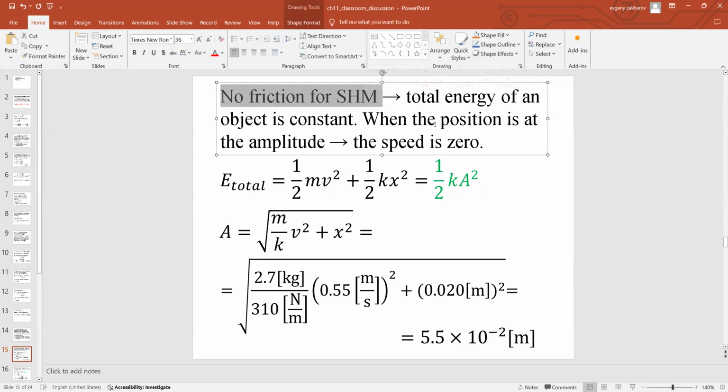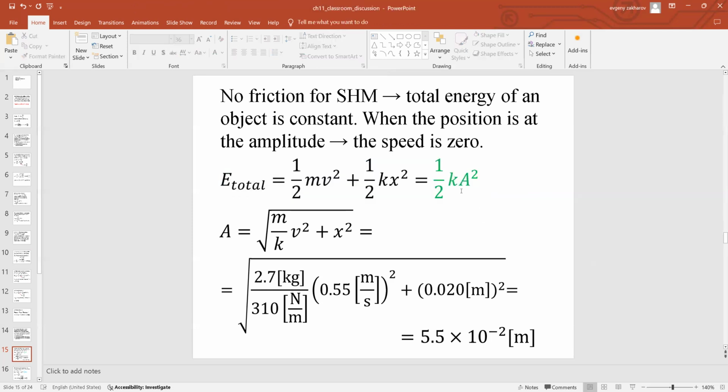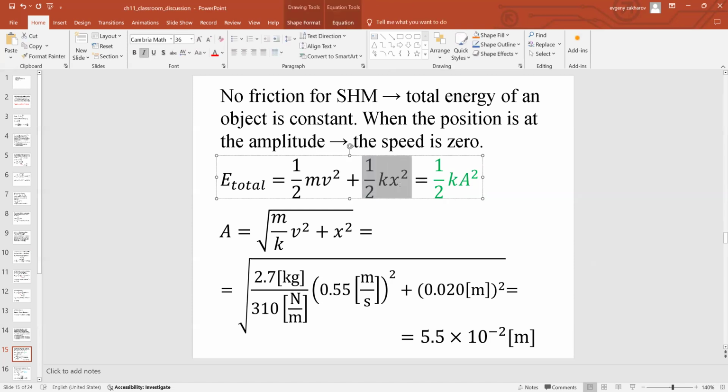No friction, mechanical energy is conserved, and as I said, at maximum stretch and compression, speed is zero. This is your conservation of mechanical energy. And if it's all potential, then instead of an x, you say it's the amplitude, because amplitude is the maximum stretch or compression.